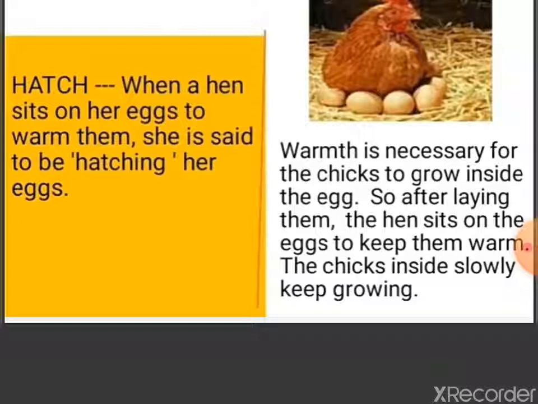Now when a hen sits on an egg, it is called hatching. Now here comes the term hatch. What is hatch? It means when a hen sits on her eggs to warm them, she is said to be hatching her eggs. That is, sitting on her eggs is called hatching her eggs.